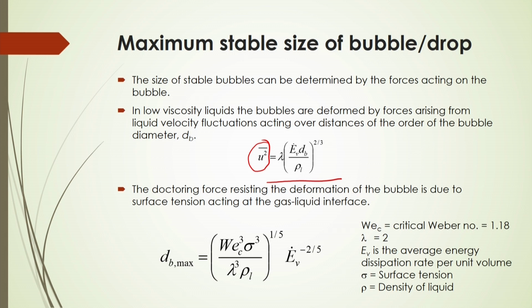And the force resisting the deformation due to this velocity fluctuation imposed on the surface of the liquid will be balanced by the surface tension acting at the gas liquid interface.